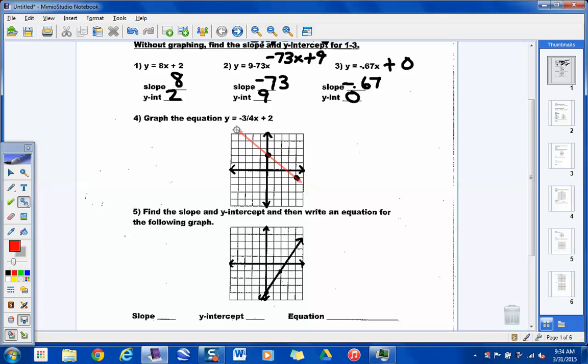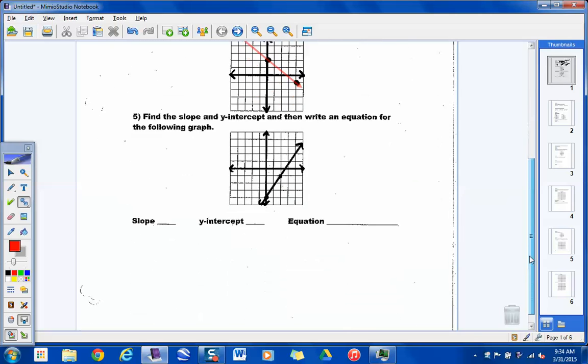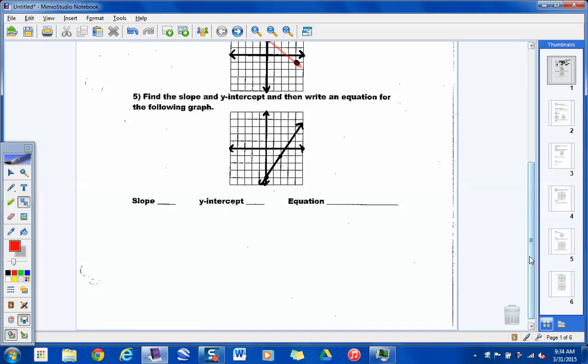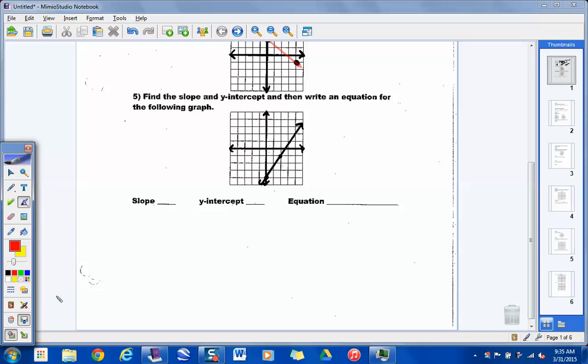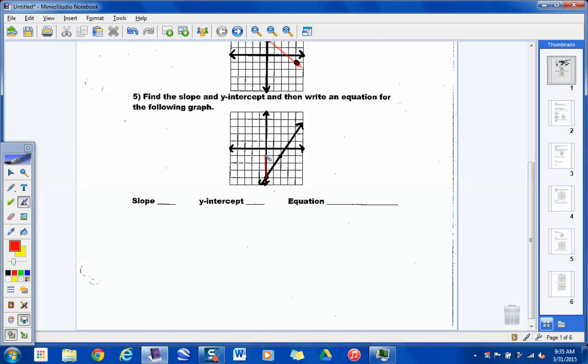You guys okay with number 4? Number 5 says find the slope and the y-intercept and write an equation for the following graph. Again, everything's slope-intercept form on this page. I think I've highlighted these 2 points right here and here for you, right? Guys, help me out. First of all, is my slope going to be positive or negative?